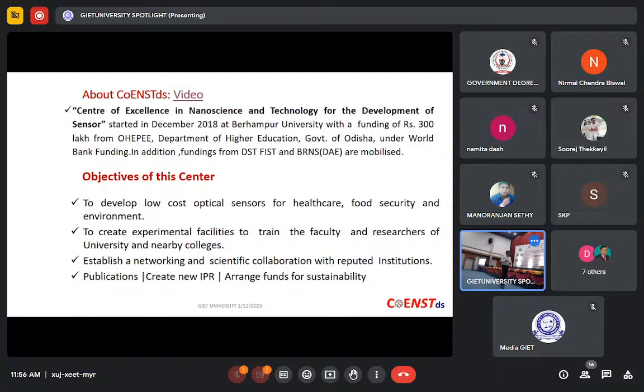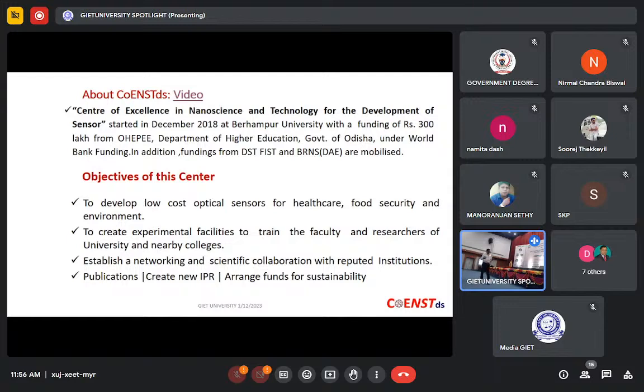In this process, we also create experimental facilities to train faculty members and researchers, particularly those working in nearby universities or in different colleges. Obviously, we want to establish networking and scientific collaboration with reputed institutes. And the last one is publication, creating new ideas. This is obvious because otherwise the center will not sustain.